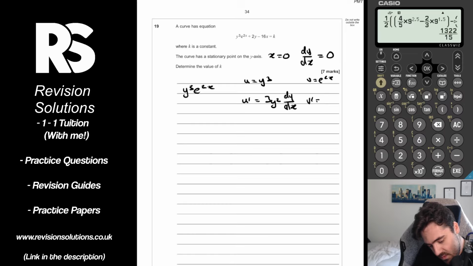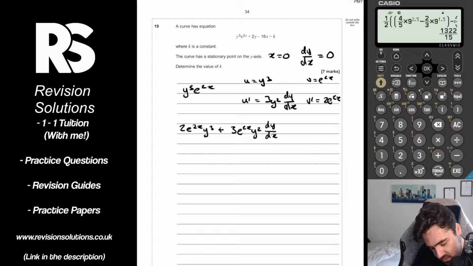So v prime, or derivative of v, is 2e to the 2x. And then using our product rule, we would get u times v dash. That would be 2e to the 2x times y cubed plus 3e to the 2x y squared times dy by dx.